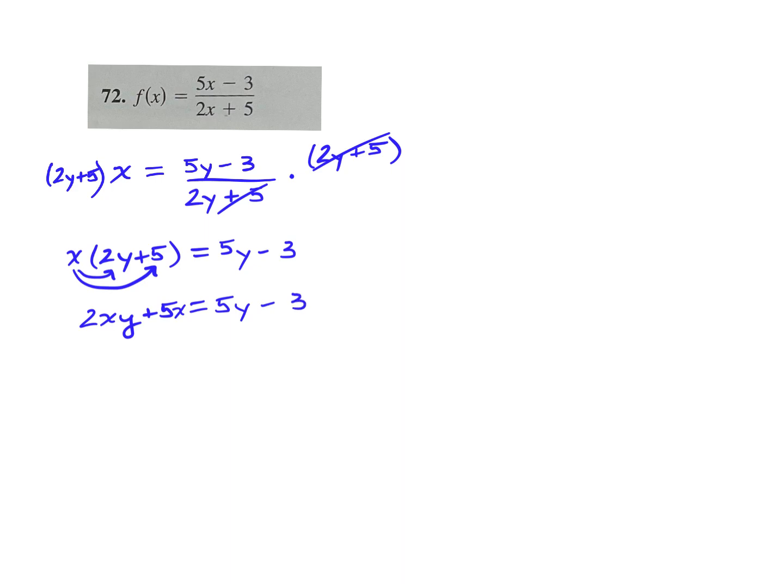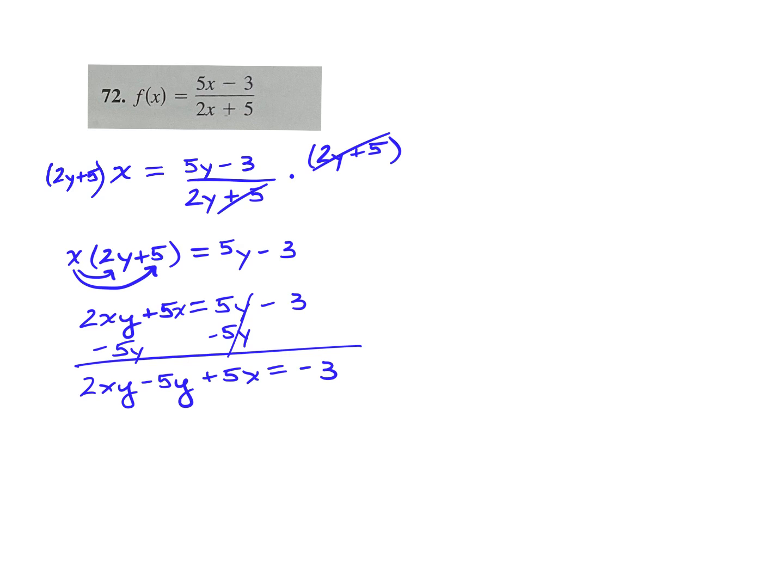Now again, I have two y terms. I have a 2xy term and I have a 5y term. I have to get those on the same side because I have to get those y's together eventually. So I'm going to subtract 5y on both sides. I'm going to have 2xy minus 5y plus 5x is equal to negative 3.